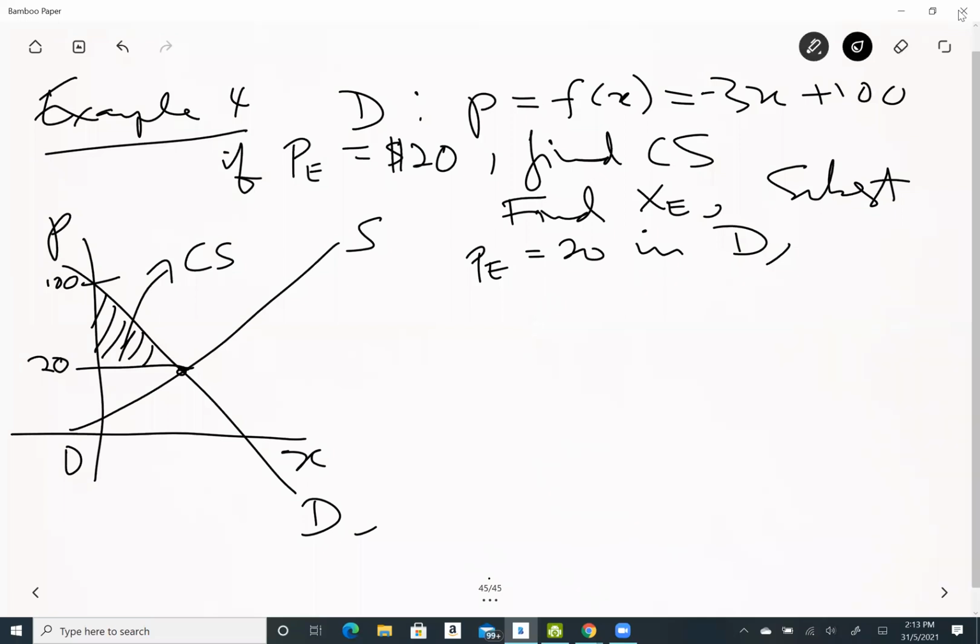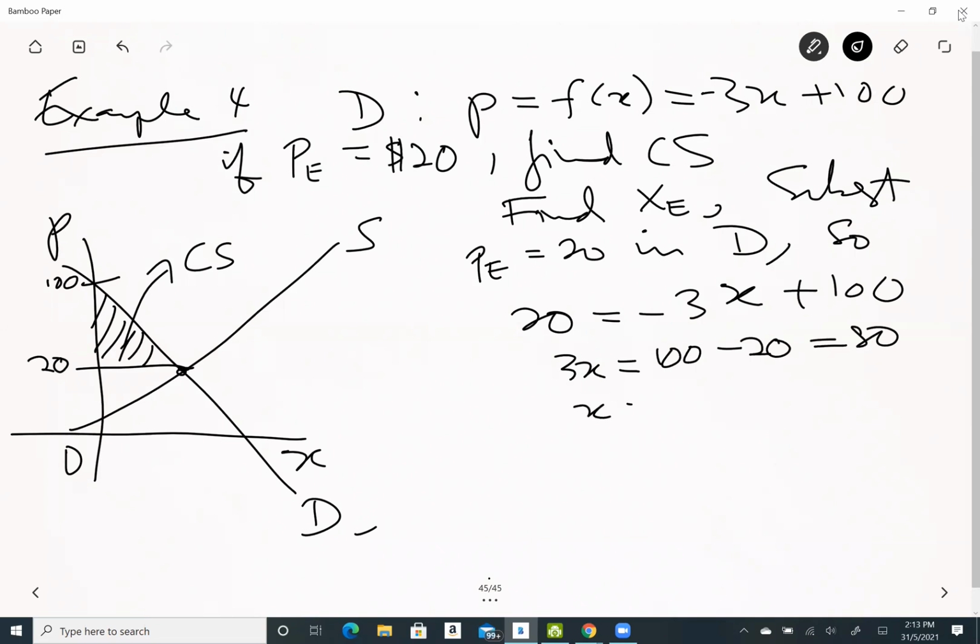I have 20 equal to negative 3x plus 100. And that will be 3x equal to 100 minus 20, which is 80. So x equal to 80 over 3.